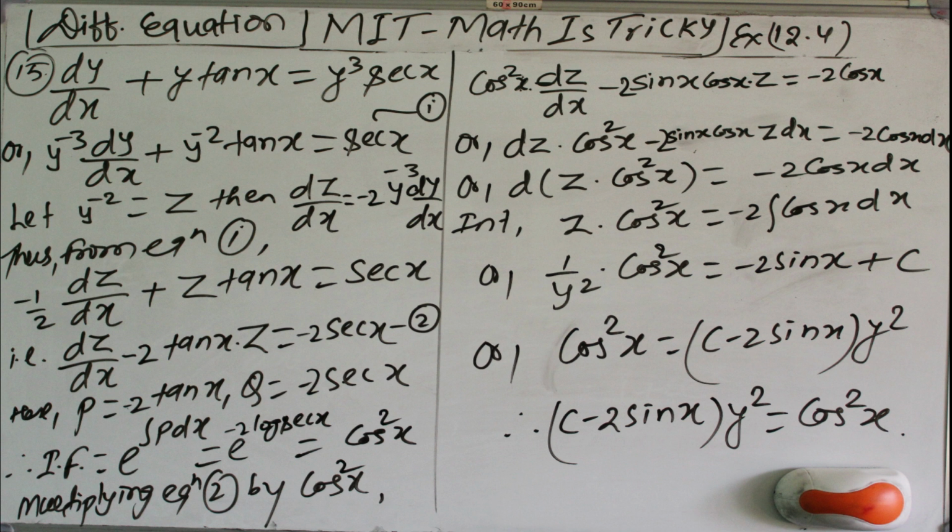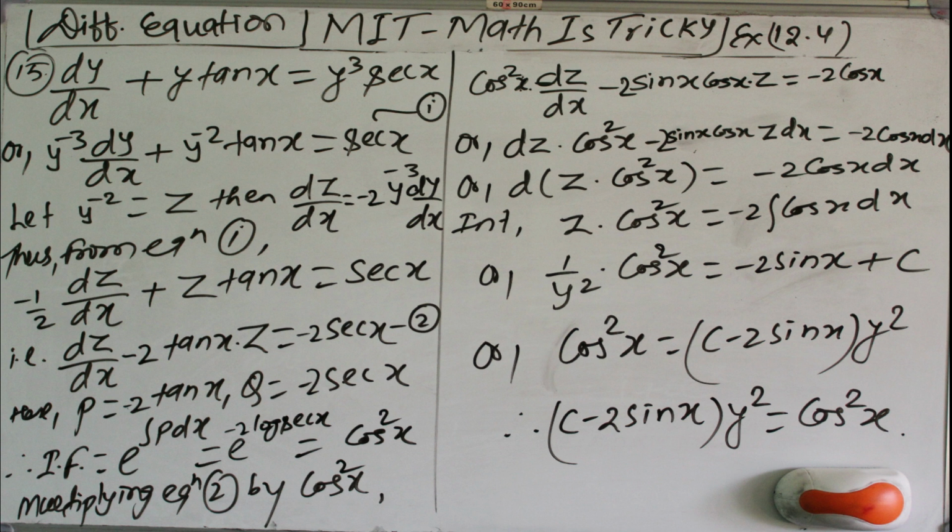So the result is the derivative of z into cos square x on the left hand side, which equals minus 2 cos x dx on the right hand side. Now integrating both sides, we get z into cos square x equals minus 2 integration of cos x dx.